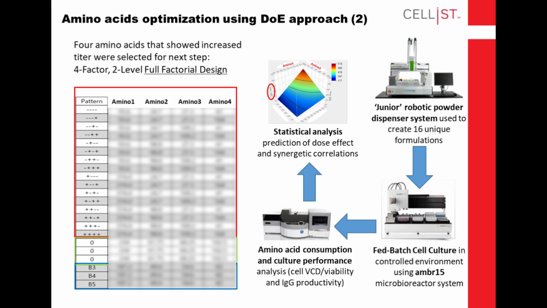Then all the data is being analyzed, all spent media analysis, including all amino acids and also VCD, viability, and IgG production. And all this data is inputted back to statistical software, for example, the JMP software, in order to analyze correlations between the factors.